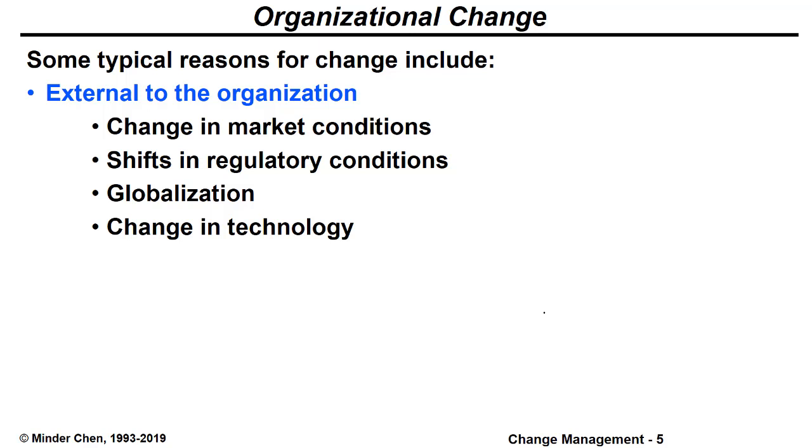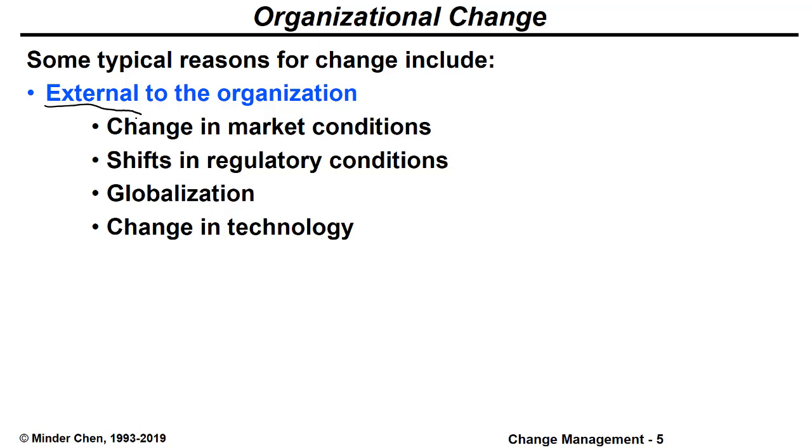There are some typical reasons for change that include the following. Some are external factors to the organization, such as changes in market conditions, shifts in regulatory policy, and globalization as another major factor.